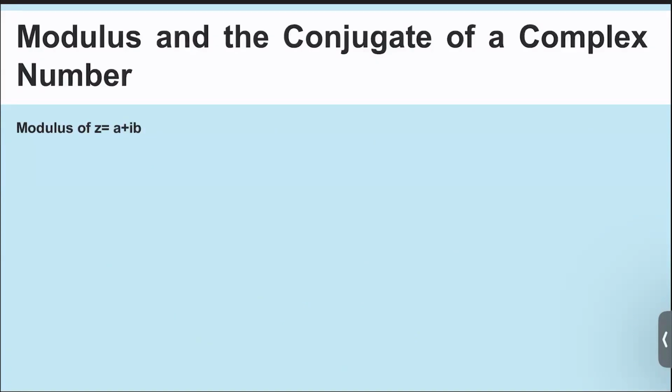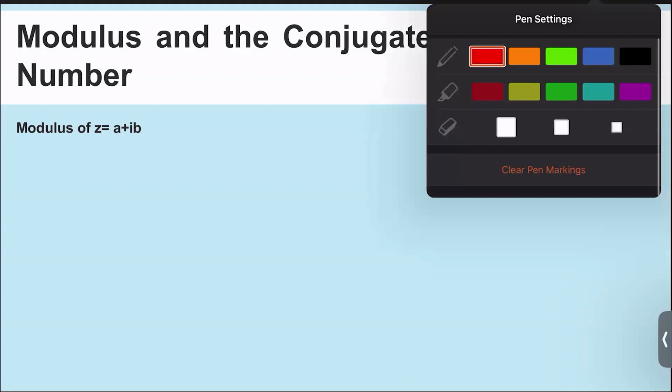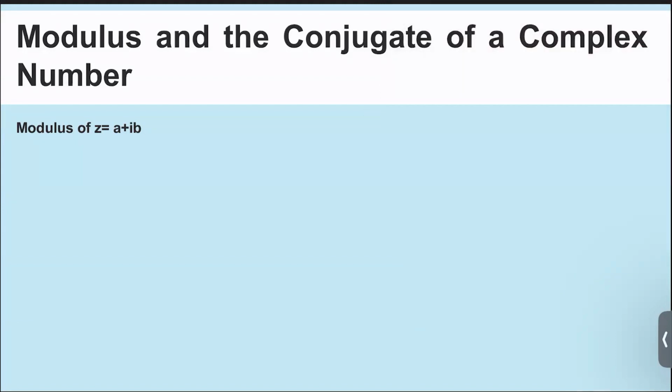Now we will move on to the next section of complex numbers, where we will see how to find the modulus and conjugate of a complex number. Modulus, in simpler terms, as we have used before, is like finding the mod of any number, whether a positive real number or a negative real number.